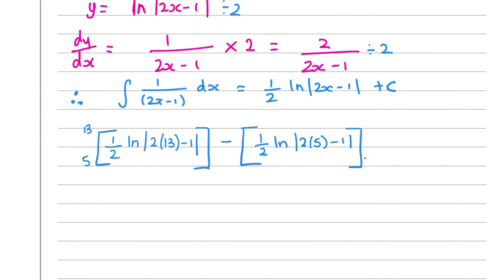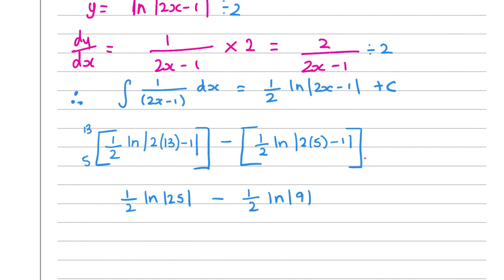Okay, so for the first section, 2 lots of 13 is 26, minus 1 is 25, so a half ln 25. So a half ln of 25 minus 2 times 5 is 10, minus 1 is 9, so we're going to get a half ln of 9.